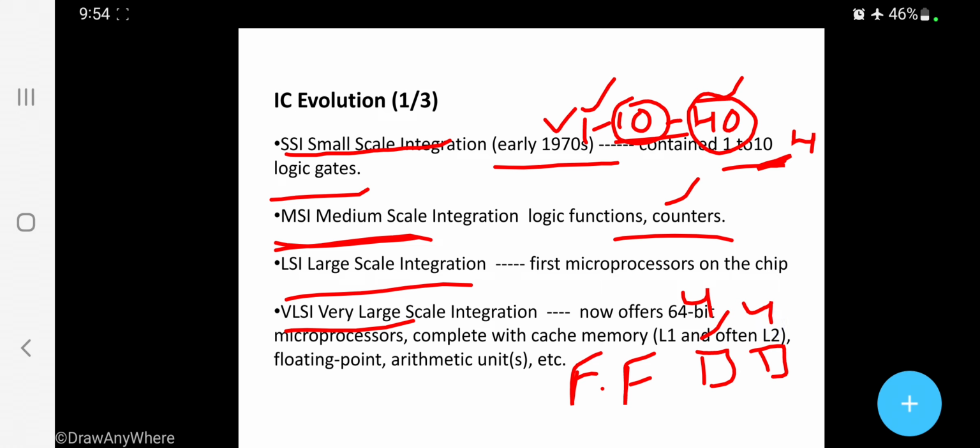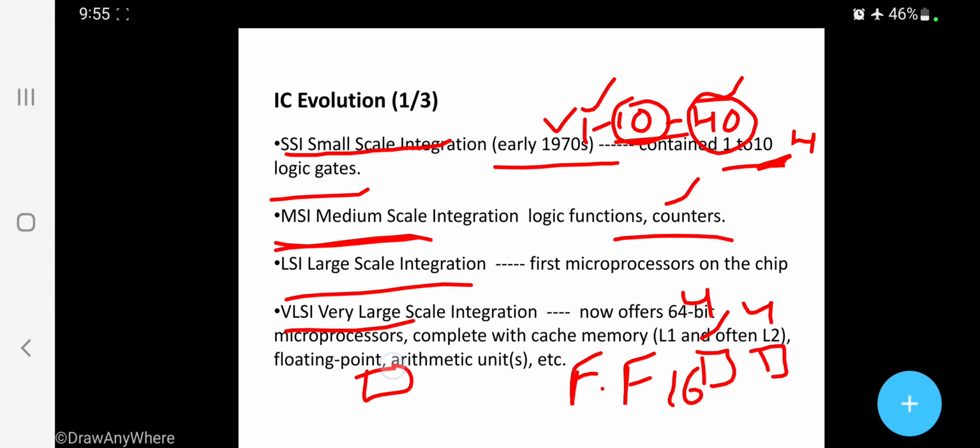If you have one flip flop, that means 4 NAND gates, and some more circuitry is required. 4 into 4, 16 transistors are required for a flip flop. Now for a counter you are going to require more flip flops.